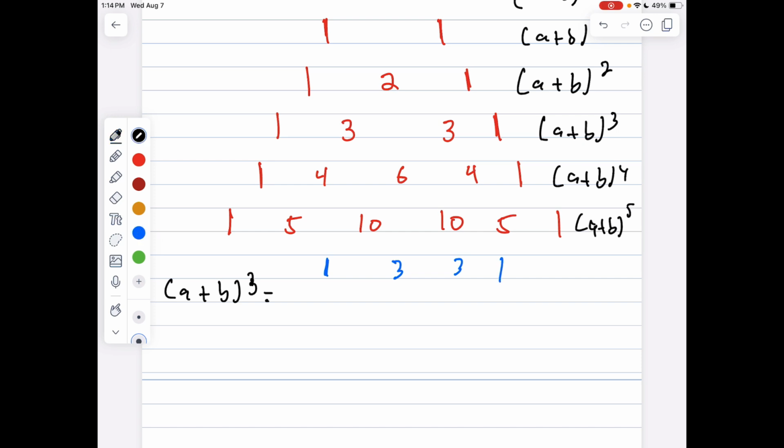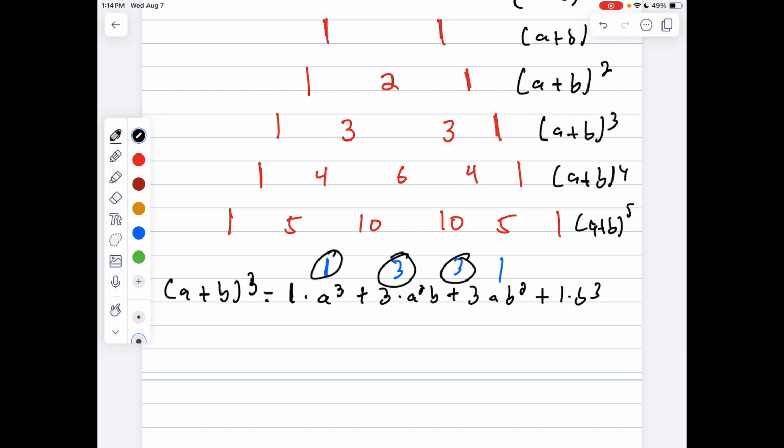You take 1 times a to the third, plus 3 times a squared b, and I'll explain that in a second, plus 3ab squared, plus 1 times b cubed. So each of these numbers, 1, 3, 3, 1, are the coefficients of these terms right here.